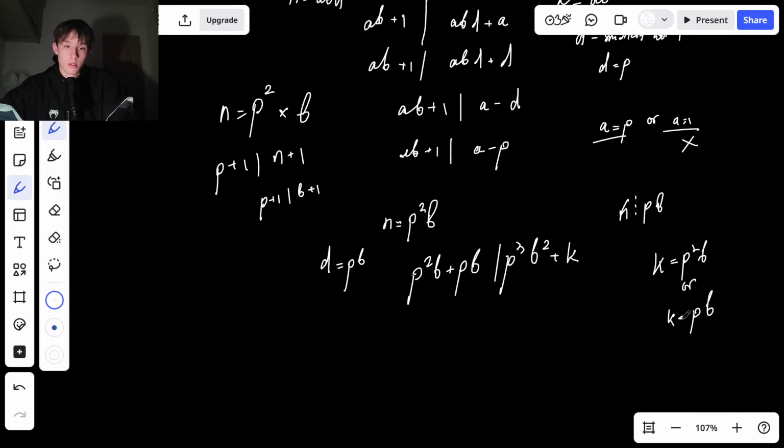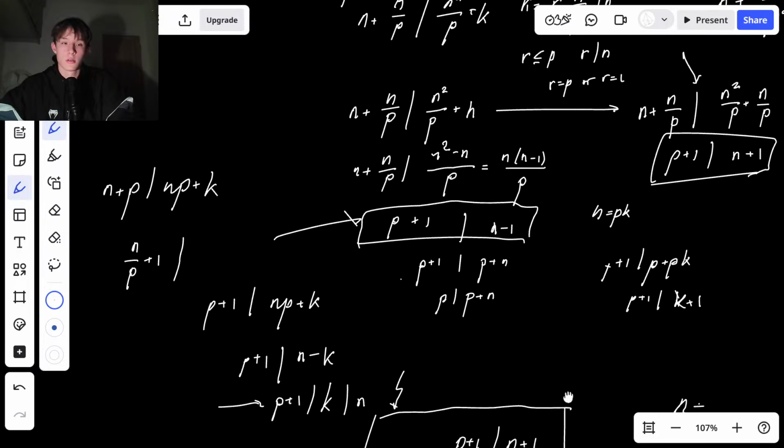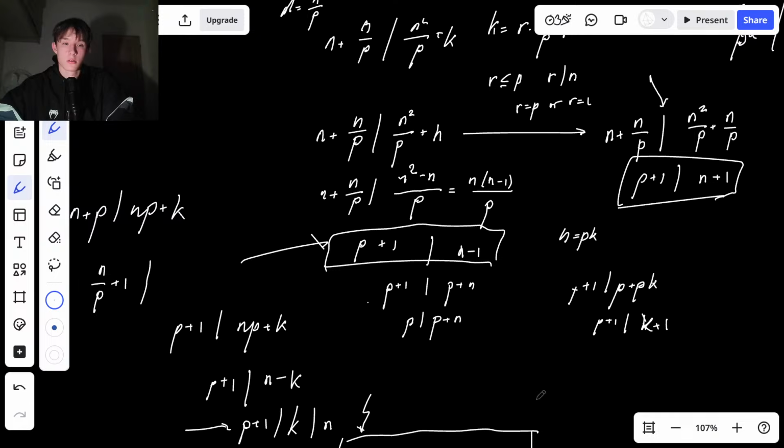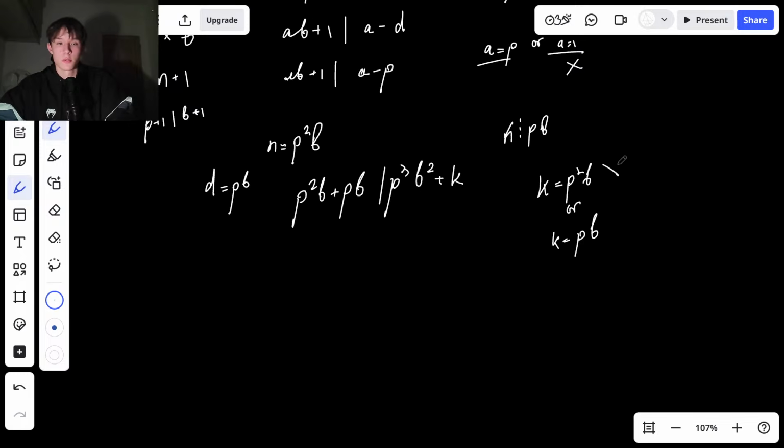So that's essentially what we got, and here we show that k is not equal to n. We show that k is not this one, we show that k equals pb, and from here we get p squared b and p plus 1.